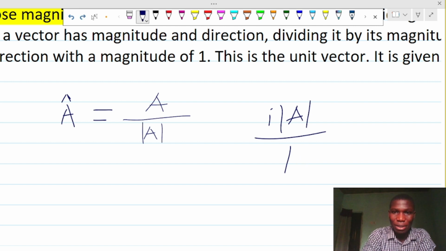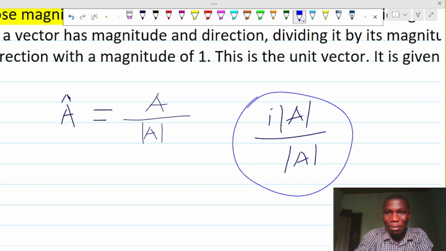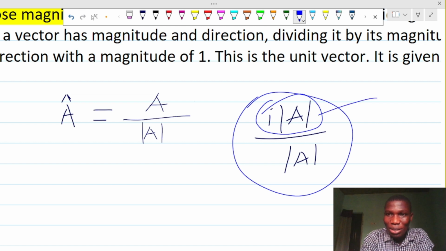Now this is the unit vector. This part is just the vector, because this part contains the magnitude and the direction, but this part is just the magnitude.